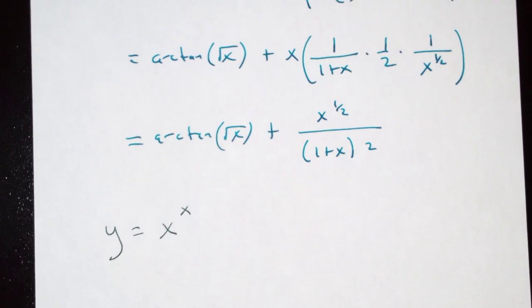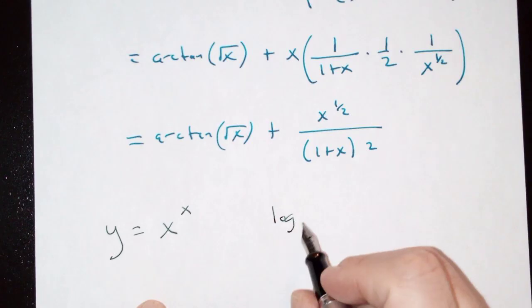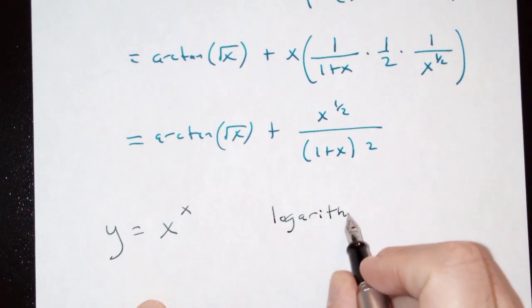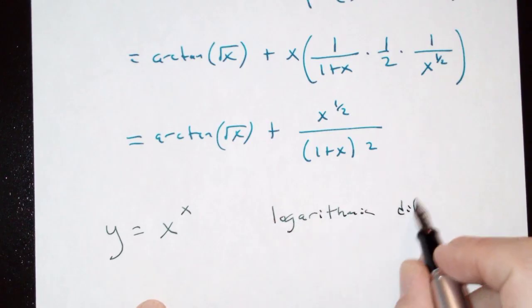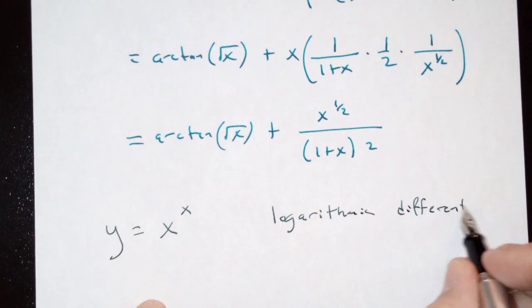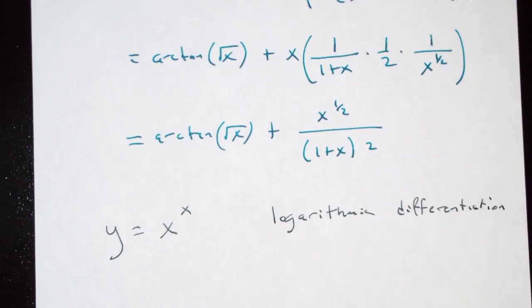This process is called logarithmic differentiation, or logarithmic derivatives. Just like we had implicit derivatives, where we used the chain rule to do something new, I now have a new derivative where I'm going to use the logarithm to do something new. And the first thing I do is I put in ln on both sides.